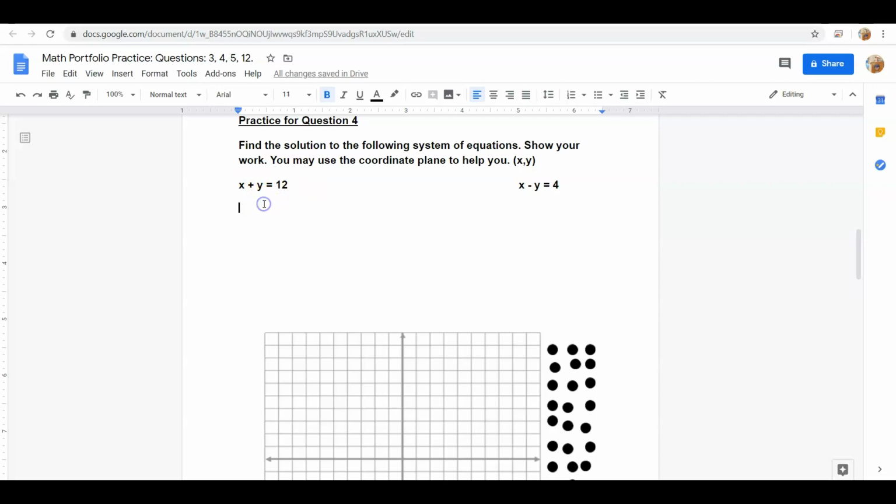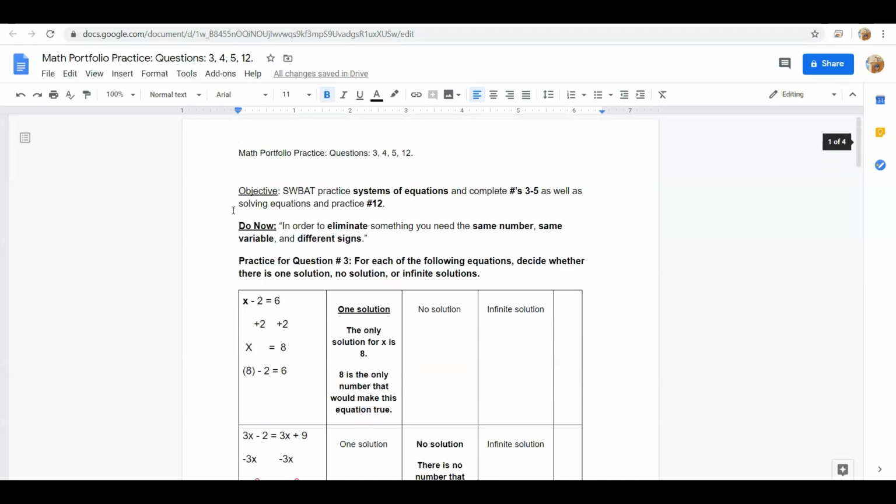All right. But what could we do? Well, if we knew what one of these variables were, we would be able to solve it easier. But I'm going to show you what we could actually do when we have something like this. So scroll back up. When I asked you earlier to write down or fill in these blanks, I did it for a reason.